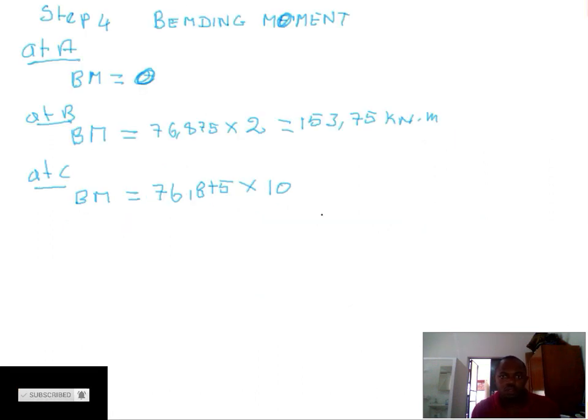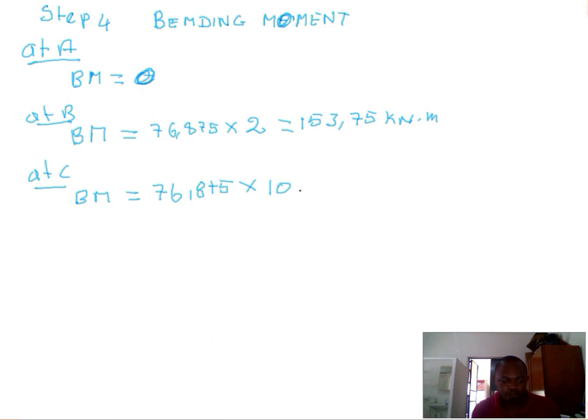This is how I got this 10, and then minus the distributed load, that will be 15 times the length of the distributed load, 8, divided by 2.